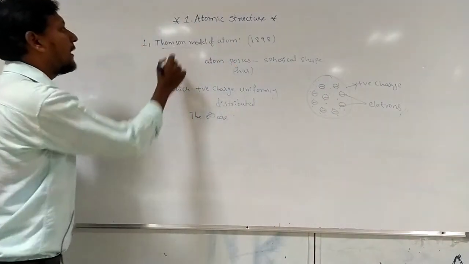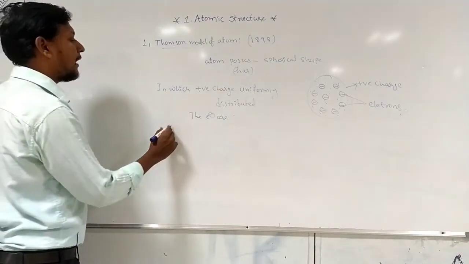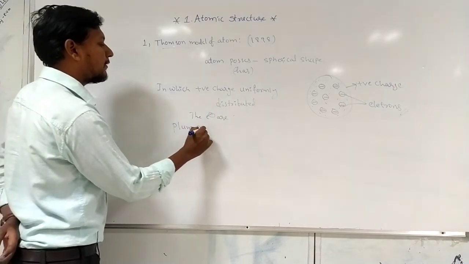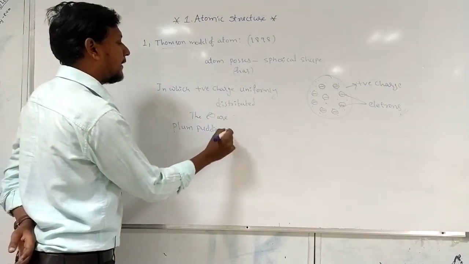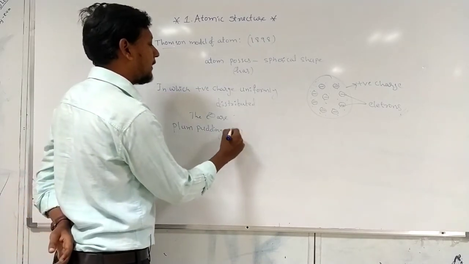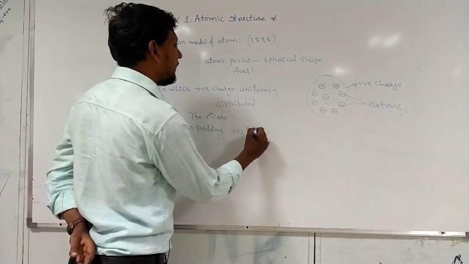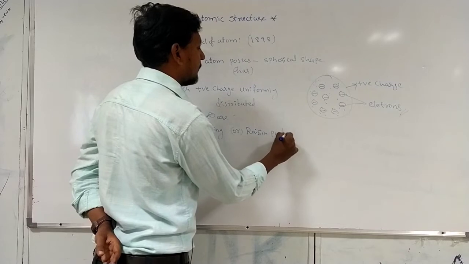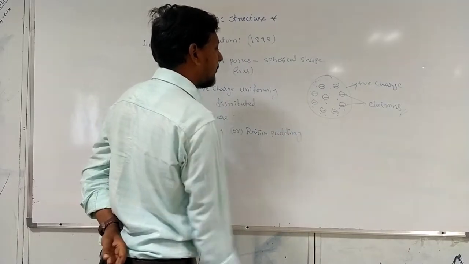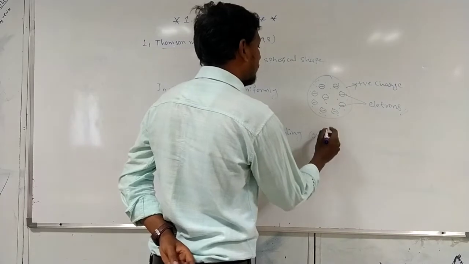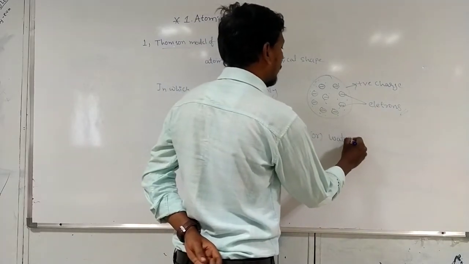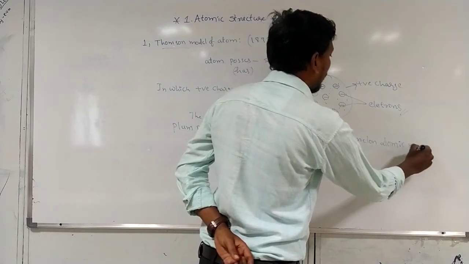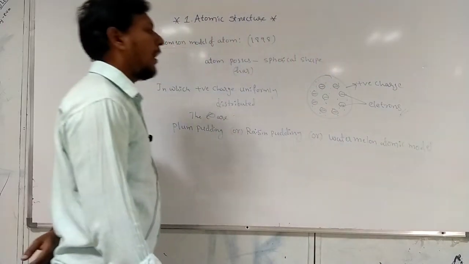Now it is also called as J.J. Thomson atomic model, also called as Plum-Pudding atomic model, or raisin-pudding atomic model, or watermelon atomic model. Why was it named the Plum-Pudding atomic model?